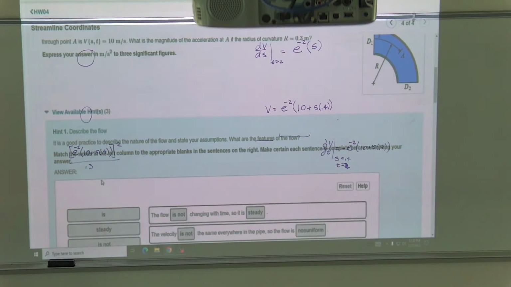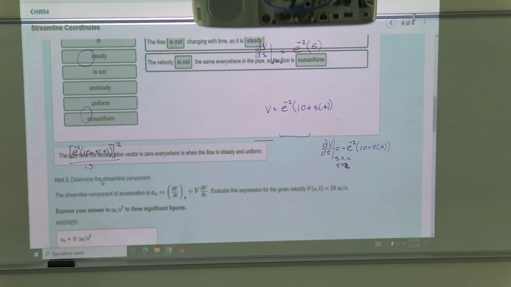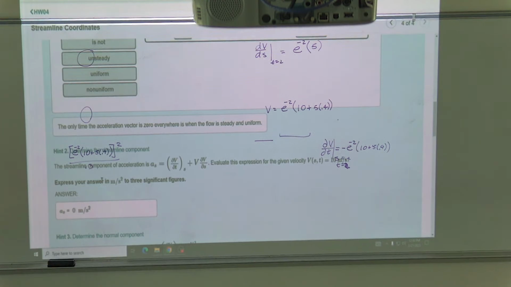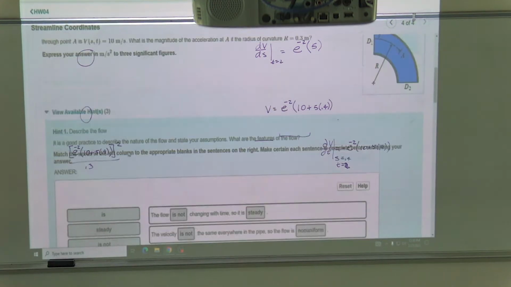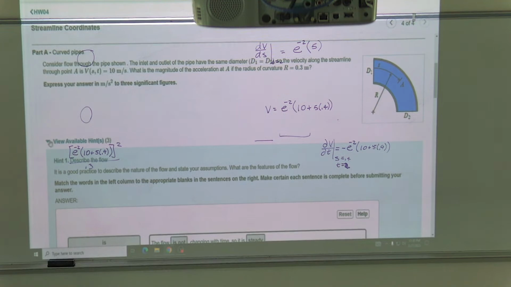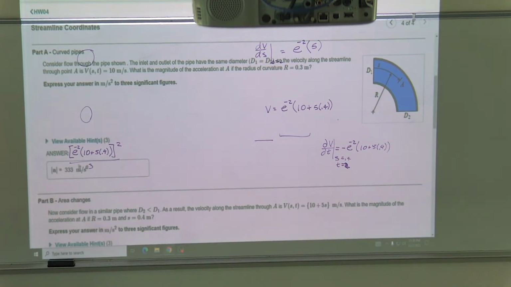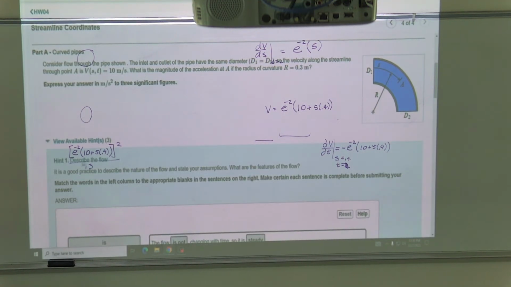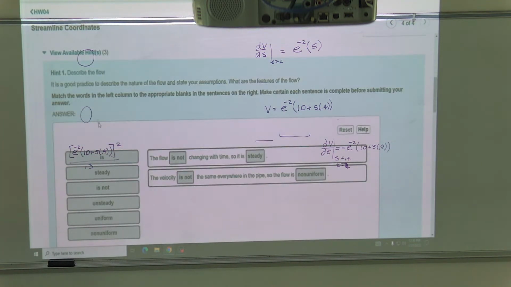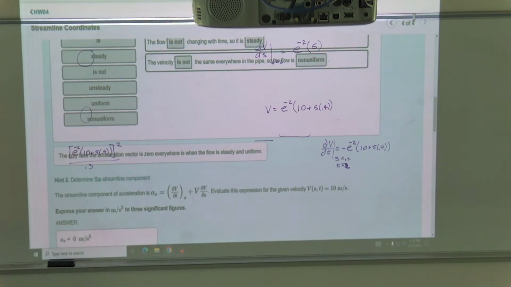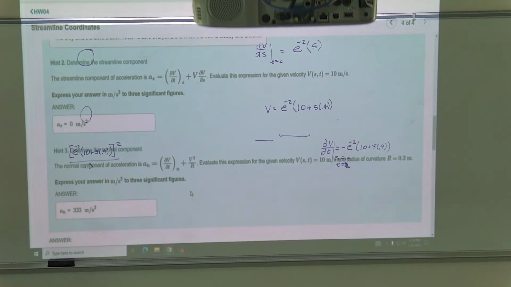Okay, that's part A. Oh, this is still associated with the hint from part A, right? Okay, wait. So I do away with the hint. There's the answer. We got that. But then we go down. Oh, hint 1. So I guess if you hit hint 1, you're supposed to answer that. And then hint 2. Okay. And then hint 3: determine the normal component. Okay.